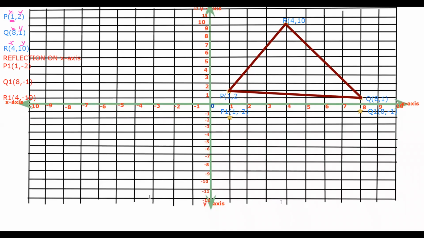Okay, so that will be the R1. So this line 4 and the 10 will be here. Okay, good. So you write the point name. Point R1 formed by 4 and -10. Good.